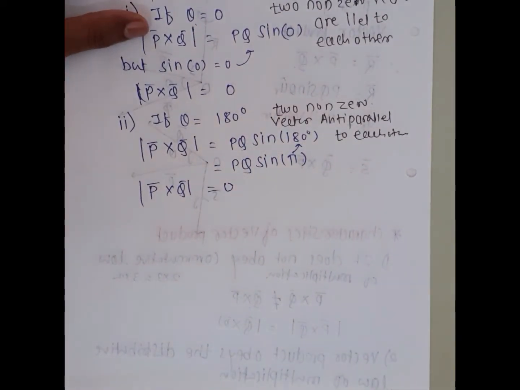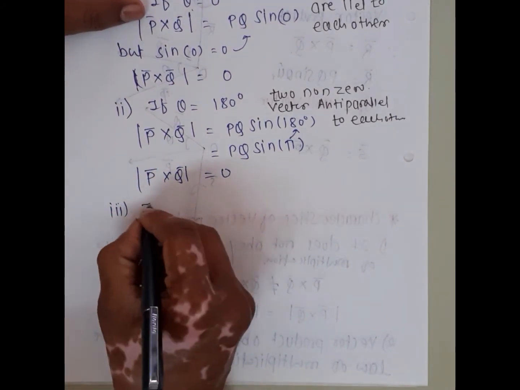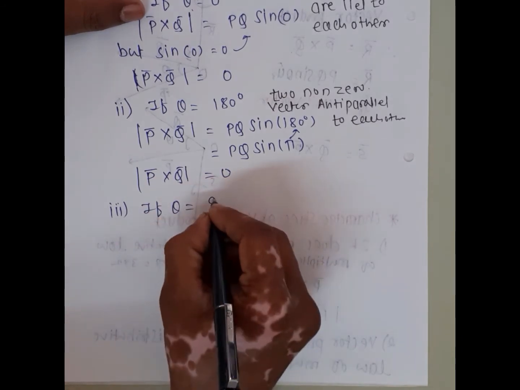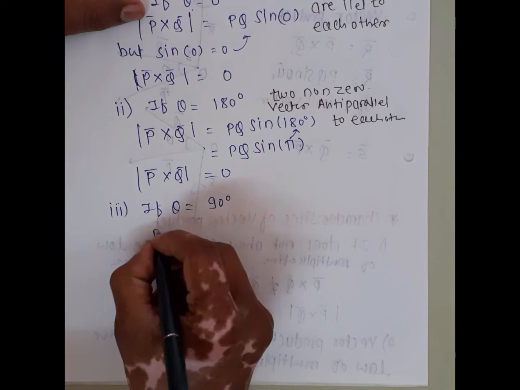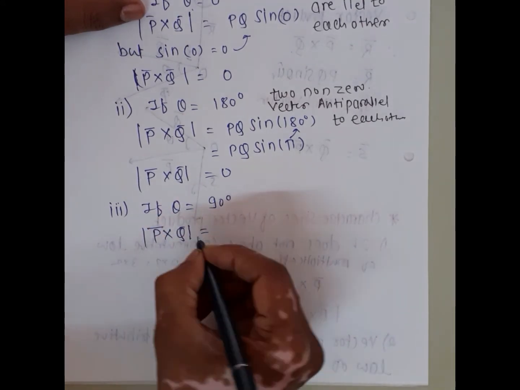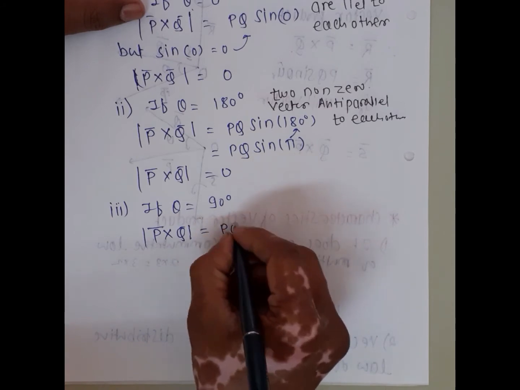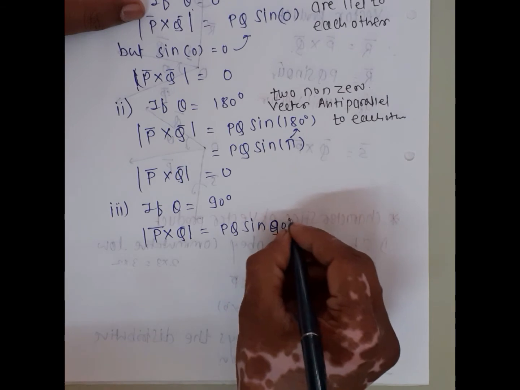If theta is equal to 90 degrees, the last case, then this equation can be written as p bar cross q bar is equal to PQ sin 90 degrees.